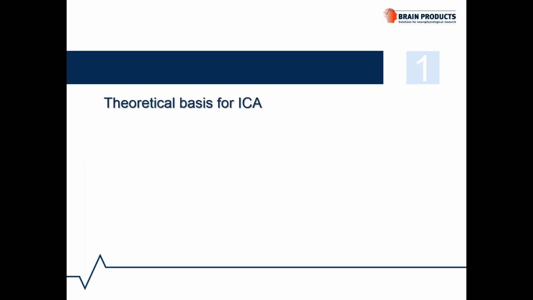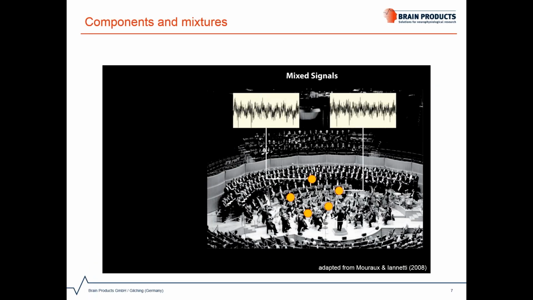So let's start with some theoretical basics before we have a look at Analyzer. Imagine we are recording an orchestra playing a symphony. We place several microphones on the stage and record the complete concert. In the end, we will have as many recordings as there are microphones. What we would like to have are clean recordings of the key players.